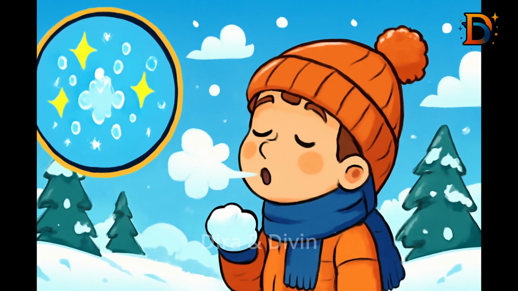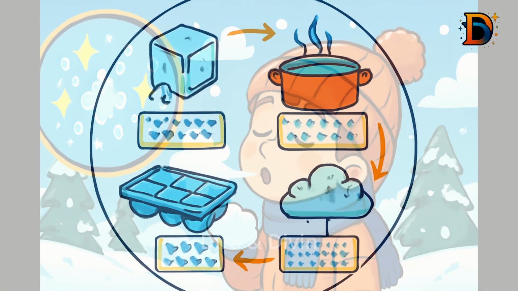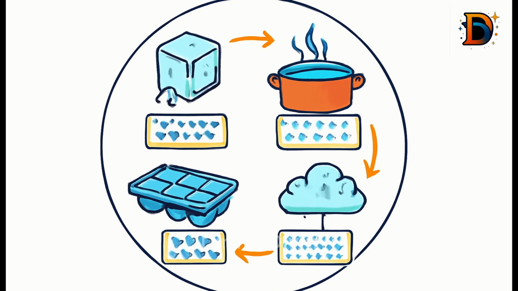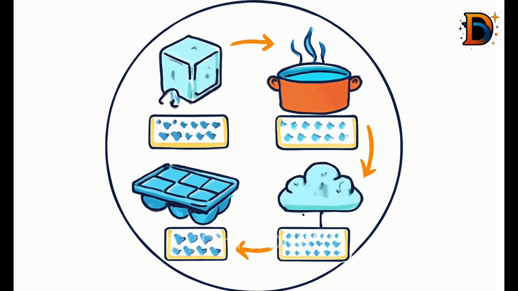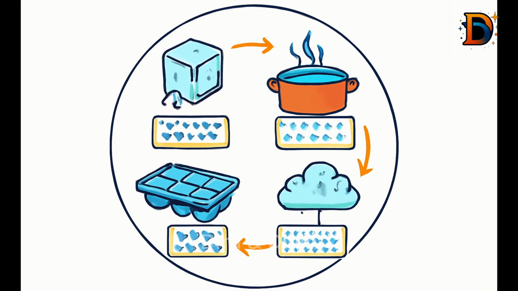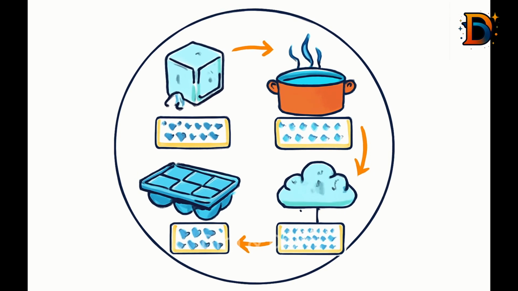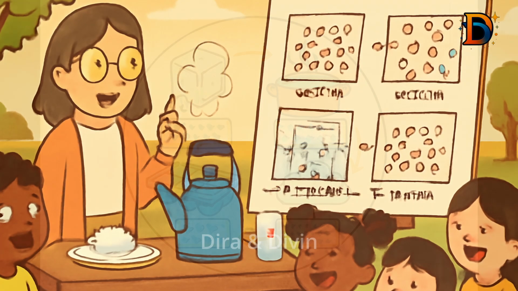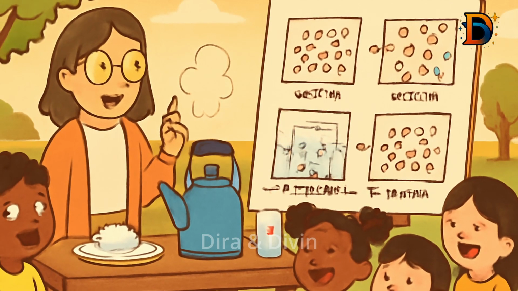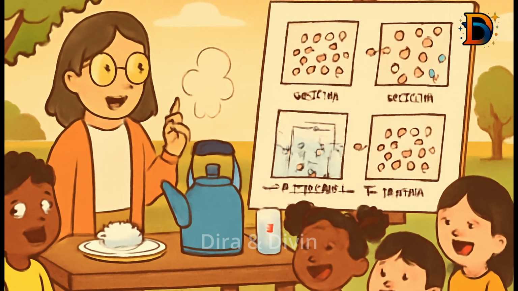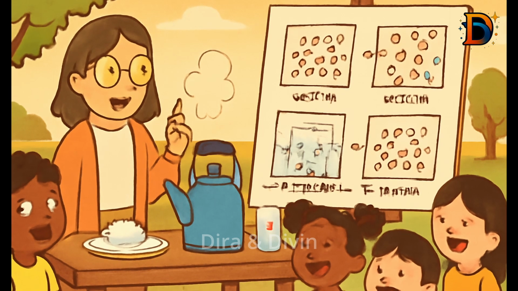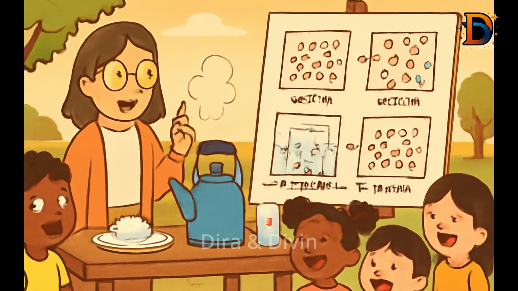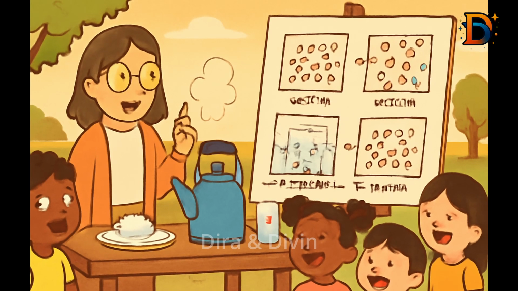That's matter changing states right in front of you. Neat, right? Learning about states of matter lets you understand why water can be ice, liquid, or steam. All the same stuff, just behaving differently because of heat or cold.